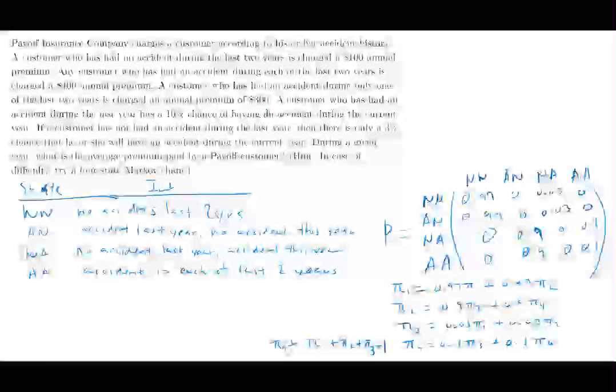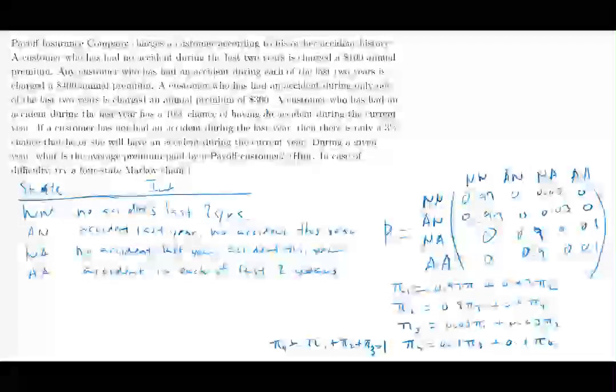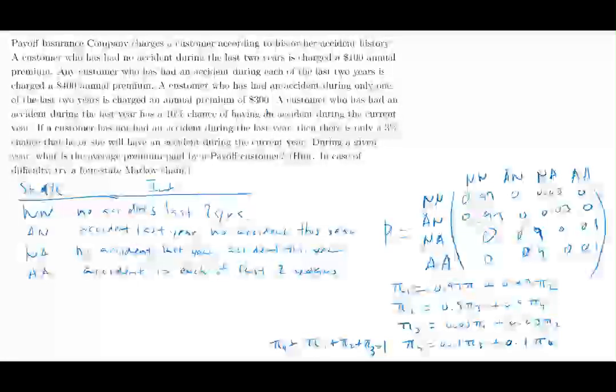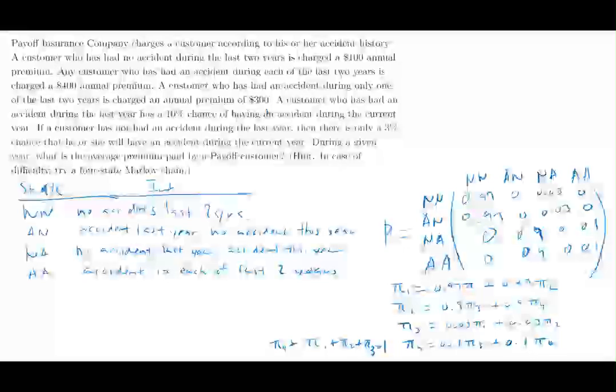Okay. I want to know the premium, right? The average premium. So I first need to solve for these pi's, and I can find the expected value. Okay. I'm running out of space here. So I've set up my limiting probability equations, and I can use some kind of software to get the answers. Okay.